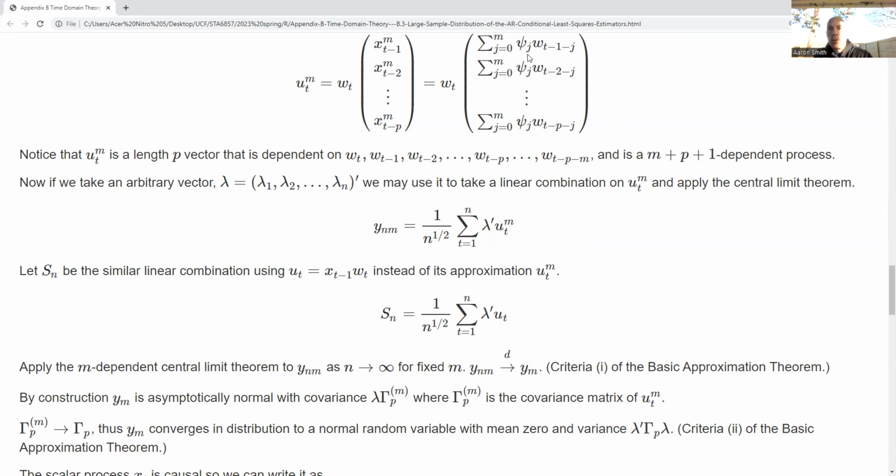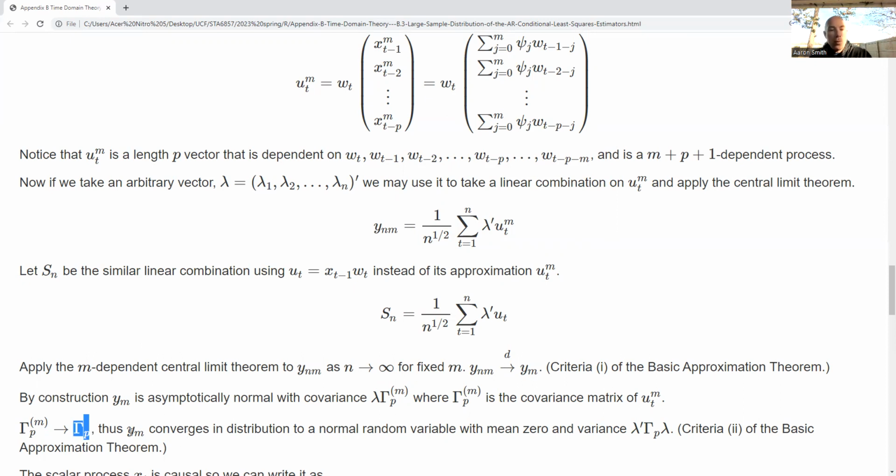Now, if I get a larger and larger summation for the approximation, I'm going to get a better approximation. And because of that, the approximating matrix is going to converge to the matrix that we actually want to be working with as m goes to infinity.